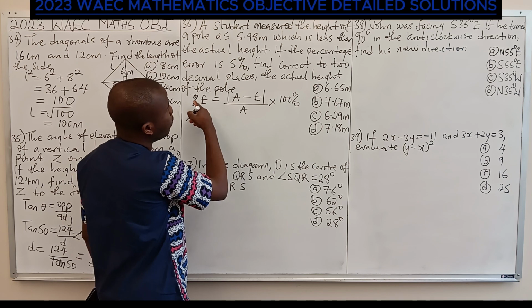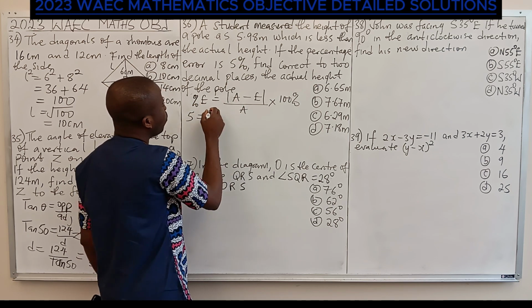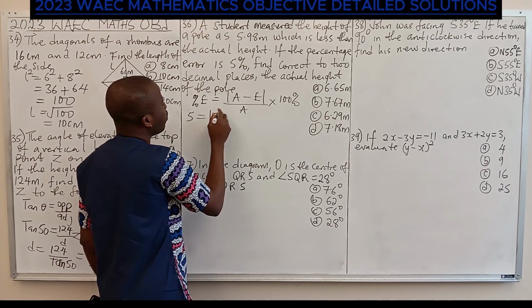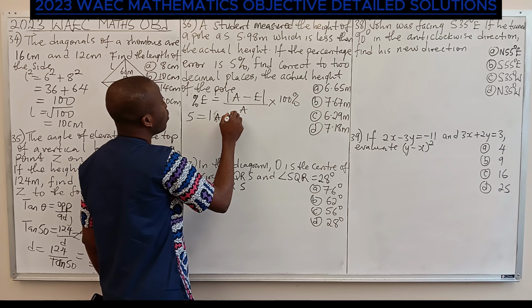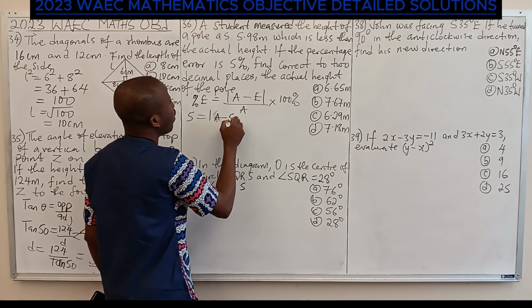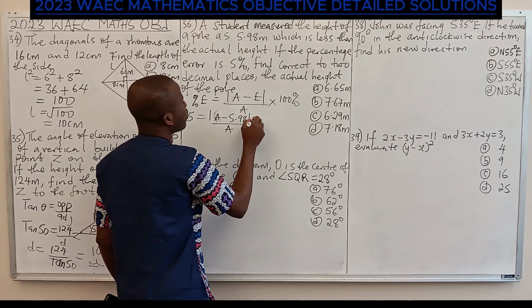So the percentage error we know is 5. We are looking for the actual value. So this A minus estimated is 5.98 over A times 100.